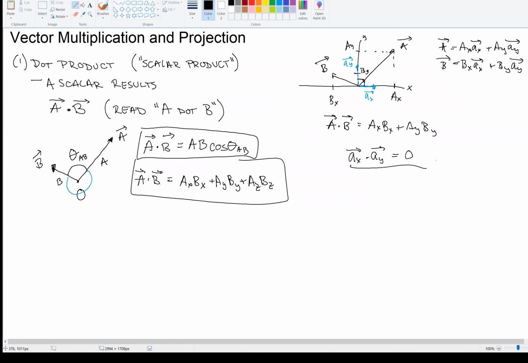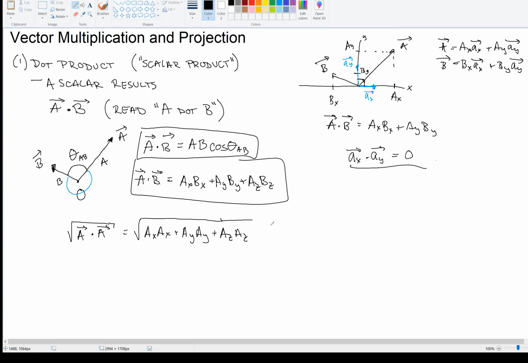Also notice that if I take the dot product of a vector with itself and then take the square root, this would be ax times ax. This is the mathematical definition of the dot product: take the component times the component, plus the y component times the y component, plus the z component times the z component.